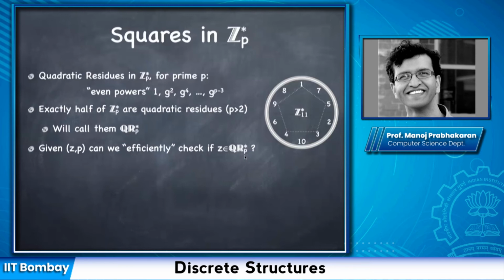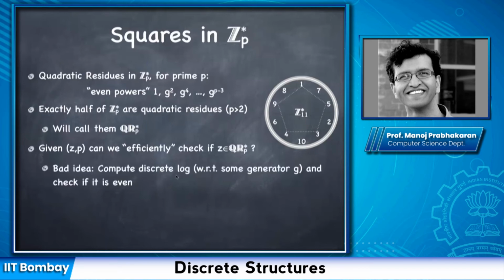Well, one way to do that is pick an arbitrary generator, and I'm calling it a bad idea here. Pick some generator, and find out the discrete log of z with respect to g, to find out whether it appears in an odd position or an even position.